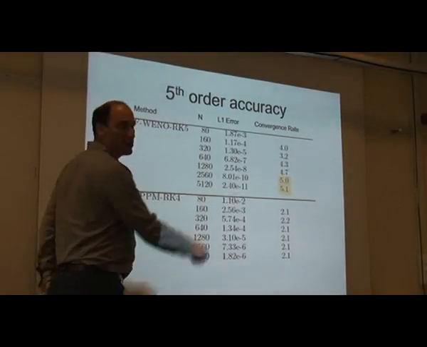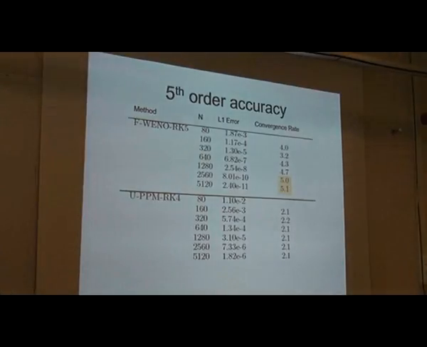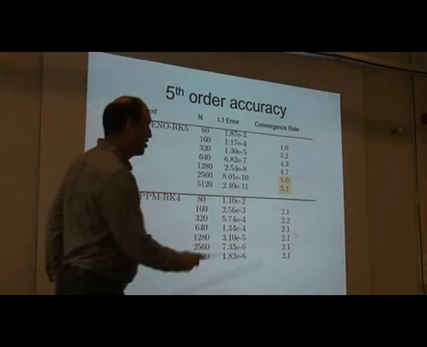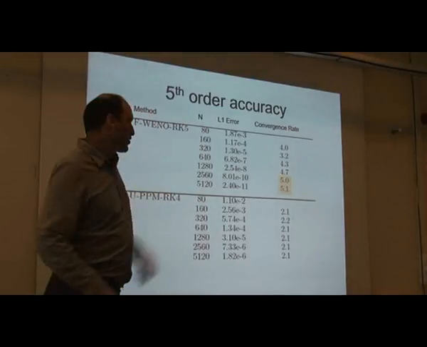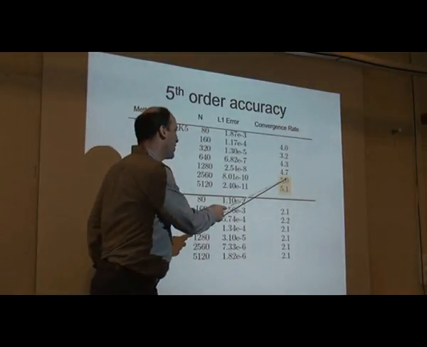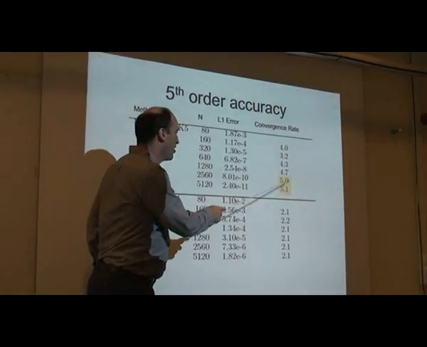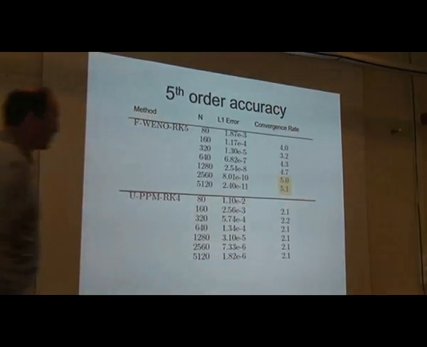And we find the convergence rate is really fifth order. We have many tables of different test cases. It's kind of technical, but it's important because you want to get the best accuracy you can for a given resolution. So this method has been demonstrated to be fifth order.